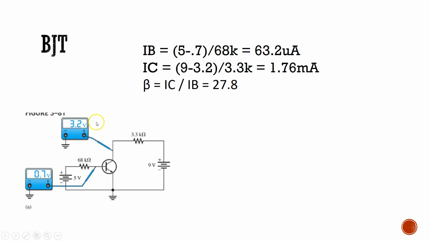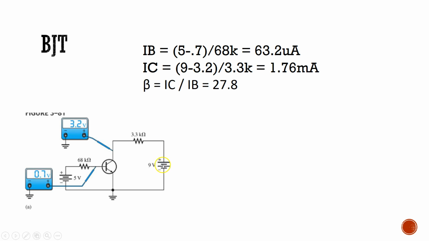Okay, here we're told to find the beta, so we can solve. We're given certain values here and can use those values to help us find what we need. So for IB, it's 5 minus the 0.7 for VB divided by the 6.8K resistor, which will give us our IB.